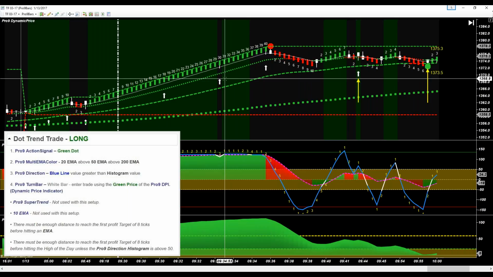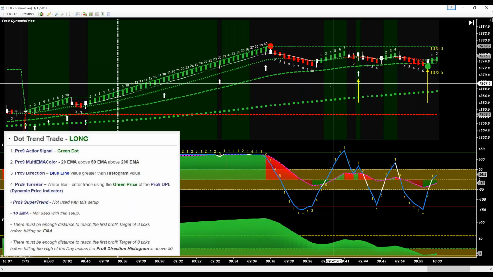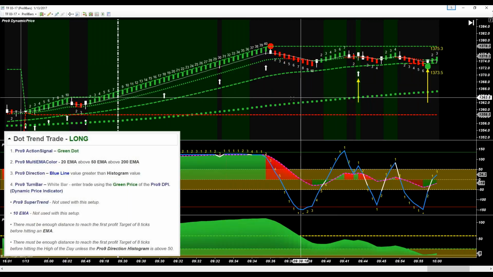Joe, would it be possible to develop another background color or shade for 20, 50, 200 alignment? I'm not sure about that one, and I think that may be adding too many things to consider. Because the dot trend is fairly infrequent compared to the other trades, we'd end up just seeing sections with a different shade of whatever color it is, but there would be nothing there.